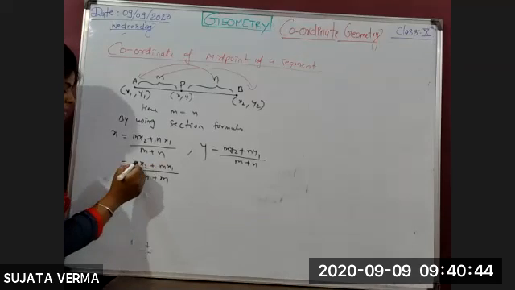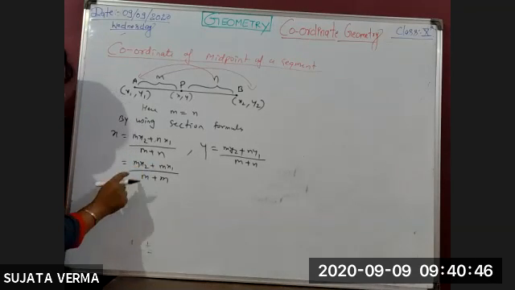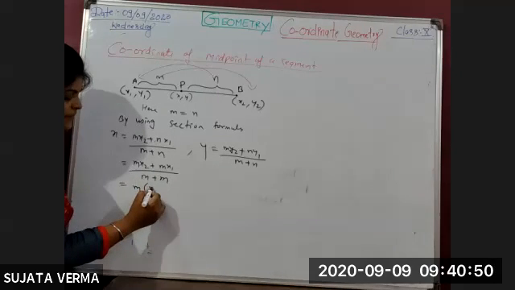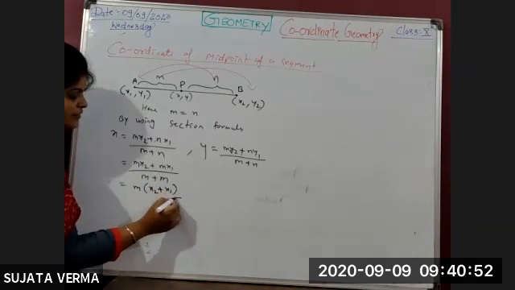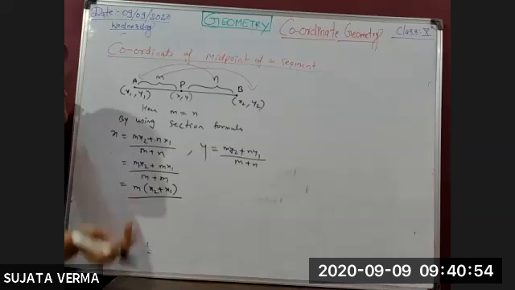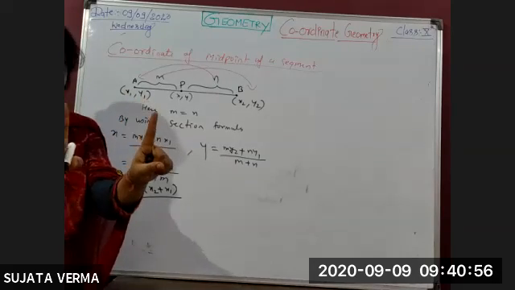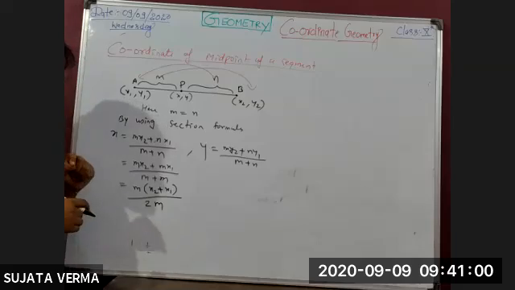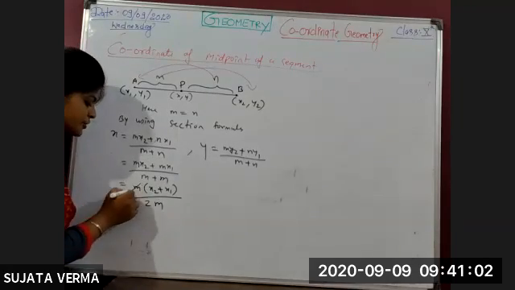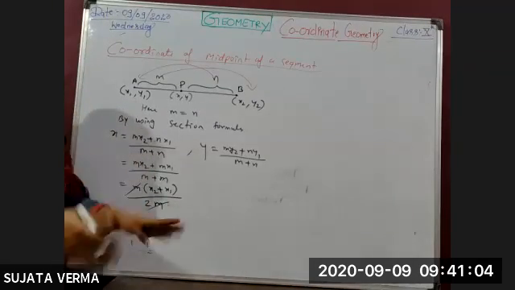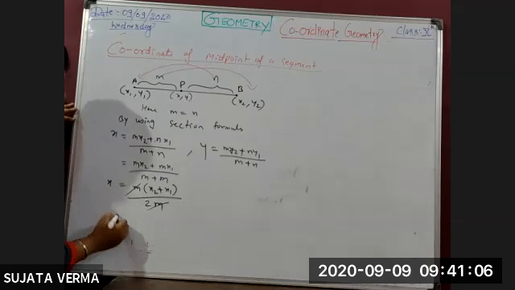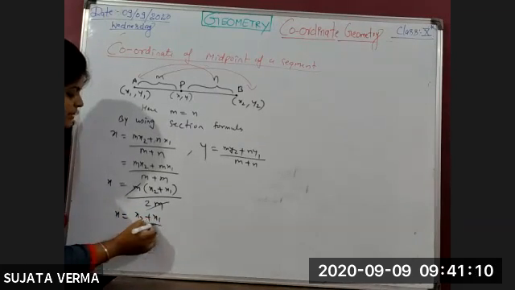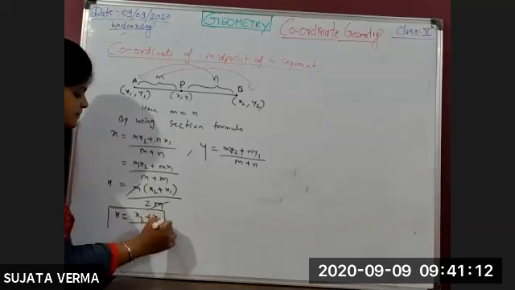Now in the numerator we take M as common, so what remains? x2 plus x1, over M plus M, that is equal to 2m. M gets cancelled. So we get x is equal to x2 plus x1 divided by 2.